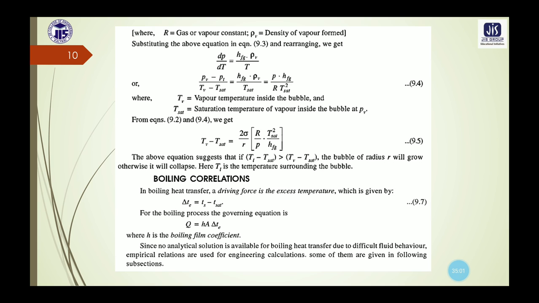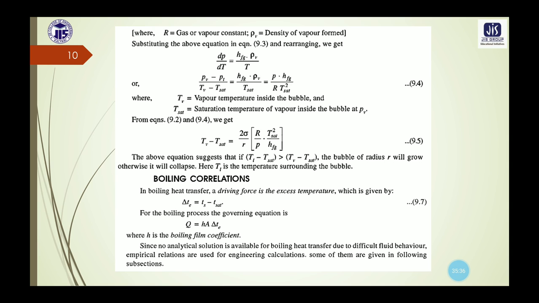Now let us discuss the boiling correlation. Earlier, in convection heat transfer, we studied different correlations in terms of the Nusselt number. In boiling heat transfer, that is the phase change from liquid to vapor, the driving force is the excess temperature, delta T, which is T surface minus T saturated.